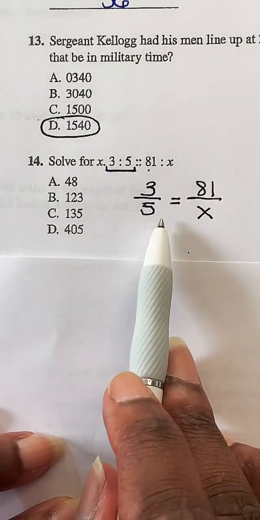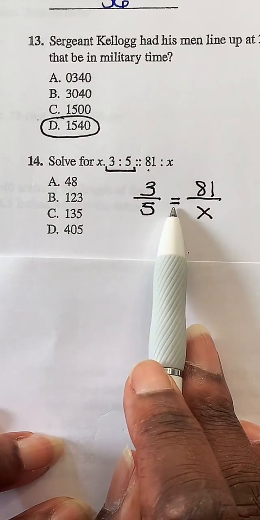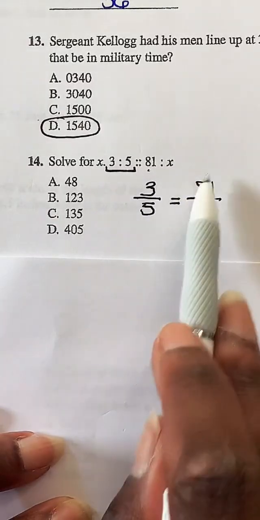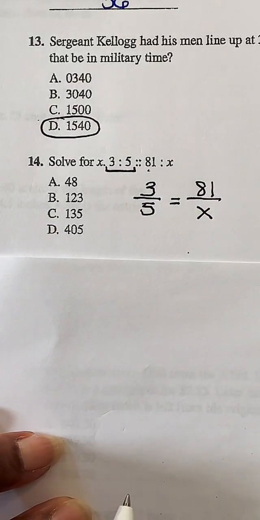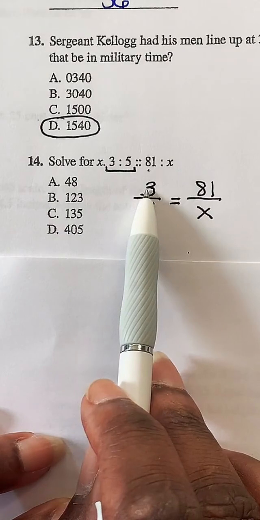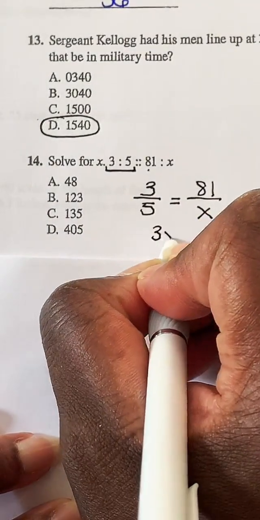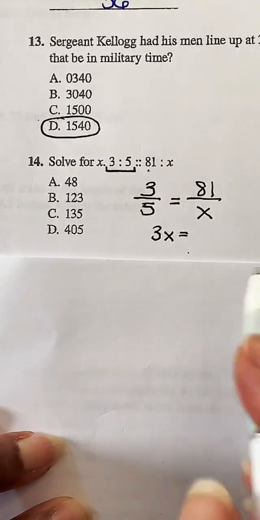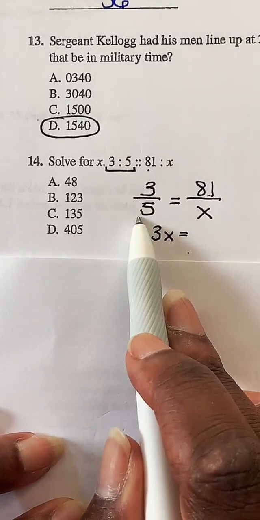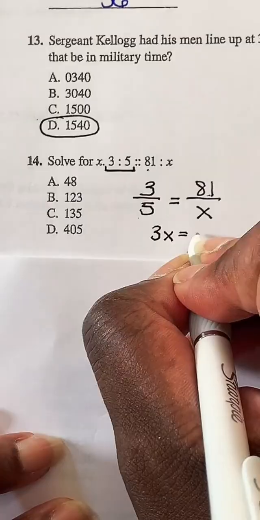So what we can do from here, since it's equal, we can cross multiply. So we got our 3 times our x, that gives us 3x. And then 81 times 5, that gives me 405.